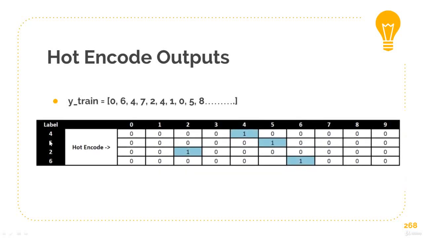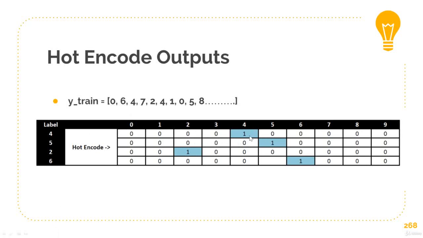That looks like this. So we have labels here, and instead of having a 4 being represented here, it's basically a matrix that has 10 columns now. So instead of having effectively one column and 60,000 rows, it has 10 columns here and 60,000 rows.